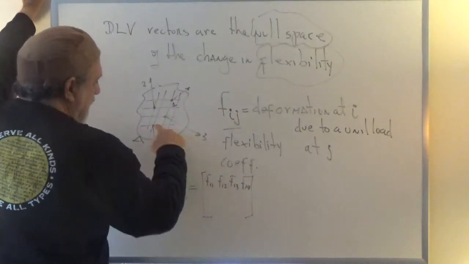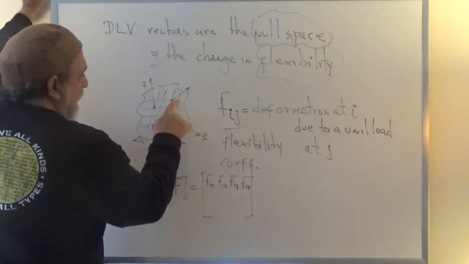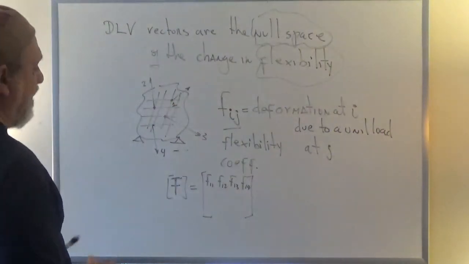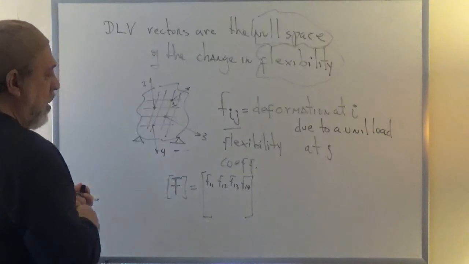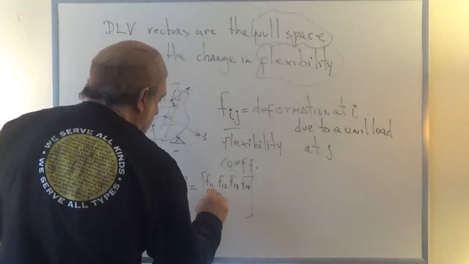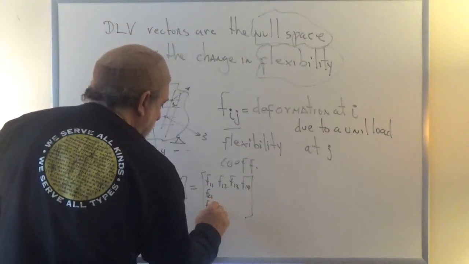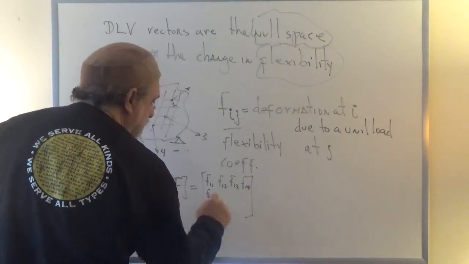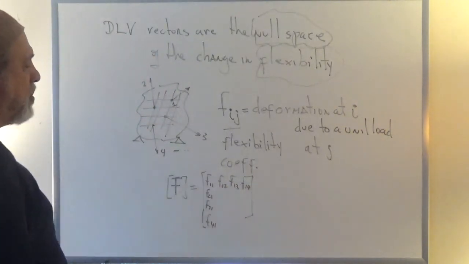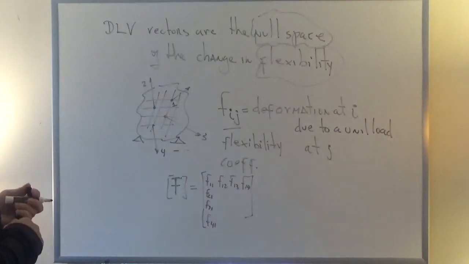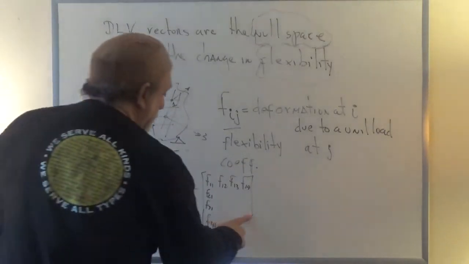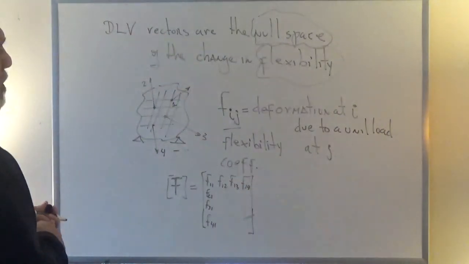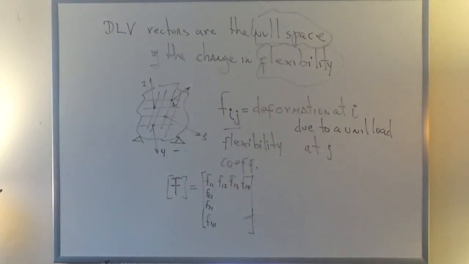That's F13. I put a unit load at 4, I see how much 1 moves. That's F14, right? It turns out that the flexibility matrix is symmetric. So F21, F31, and F41 are the same as their corresponding values of F12, F13, and F14. Okay? And likewise, the rest of the matrix gets filled up.